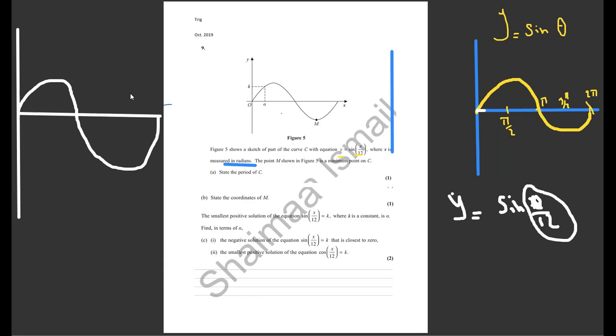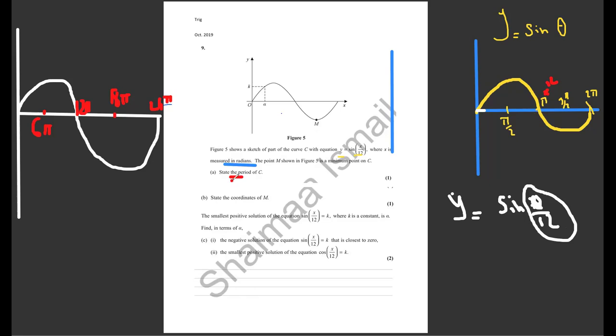Here I'm going to write 6 pi. And here instead of pi, I'll multiply it by 12, so it would be 12 pi. And here it would be 3 over 2 pi multiplied by 12, so it would be 18 pi. And here is 24 pi. And now I'm ready to solve my question.